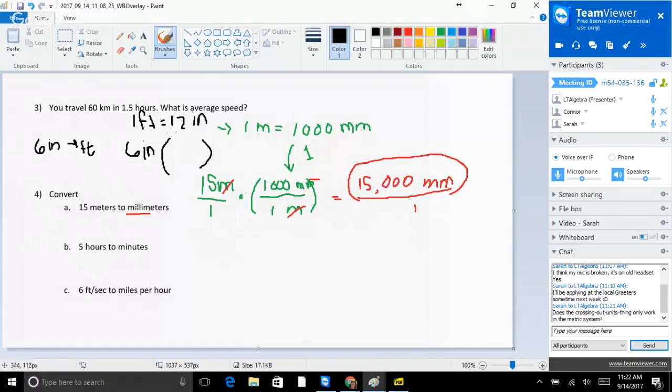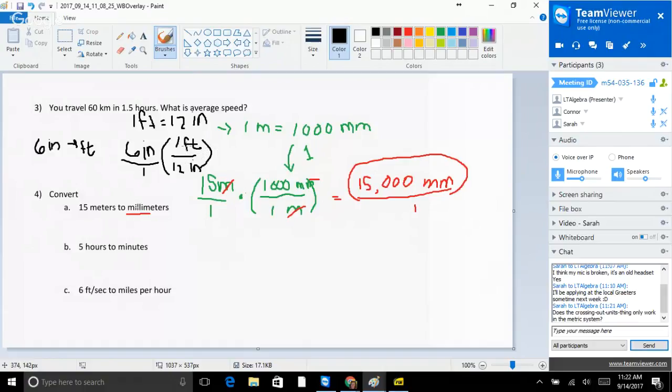So I need to put my unit multiplier in so that I basically get rid of inches and convert it into feet. So the way I would do that is I would write that for every 12 inches, there's 1 foot. And the way that you know which way to write it is that you want to be able to cross off your inches and only have feet left over.